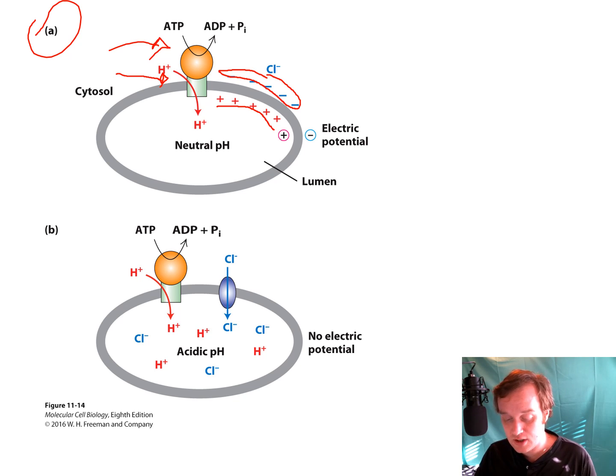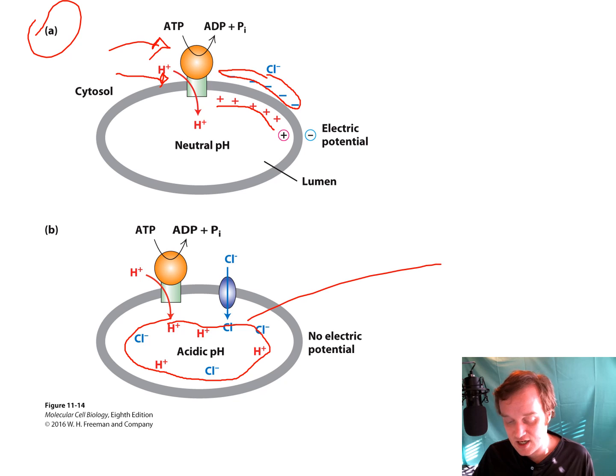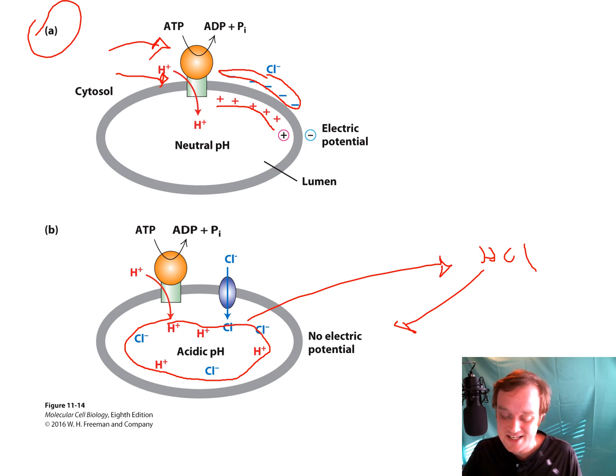There's no difference in charge across the membrane anymore, but the accumulation of these ions causes a lowering in pH. And so if you've done chemistry, you know that HCl is hydrochloric acid, and when you put hydrochloric acid in water, it dissociates into the two ions, but essentially it's like adding hydrochloric acid to the inside of the cell. So you're going to lower the pH and make it much more acidic.